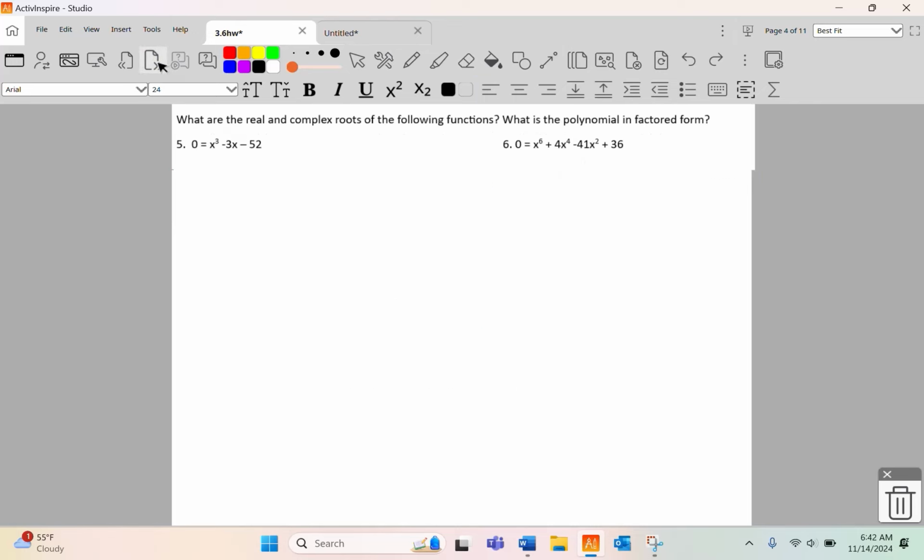Bless you. All right. What are the real and complex roots of the following functions? What is the polynomial in factored form? So this one ought to be some fun, huh? Which one would I like to do? I think I'm probably going to do number 6. I think that's the one I want to do. Now, it's a 6-degree polynomial, so you're going to have 6 answers to this thing.